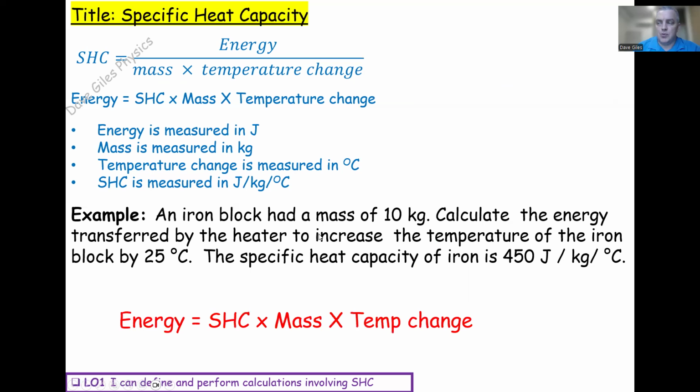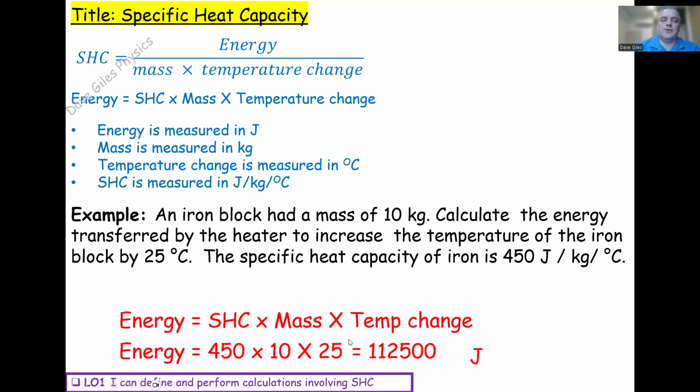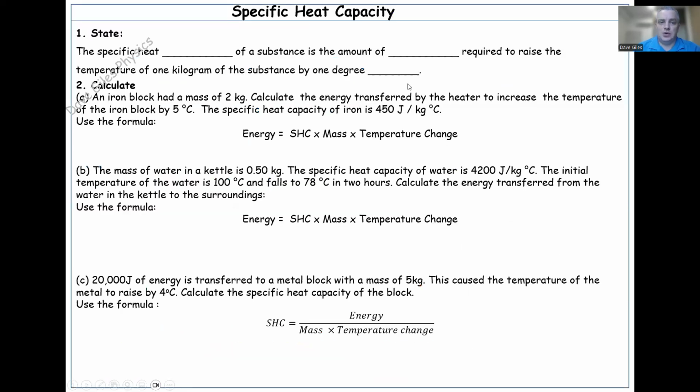So let's use the formula, plug your numbers in, and you get quite a large value there. Quite often you might give an answer in kilojoules, so you divide that by 1,000. Okay. So a couple of very quick questions for you to have a go at. I'll pause it, let you have a go through it in a second.